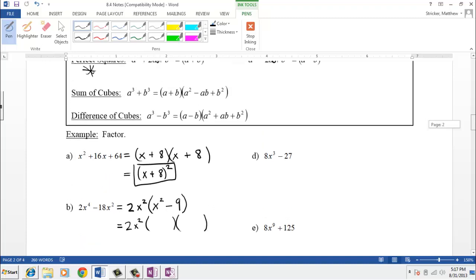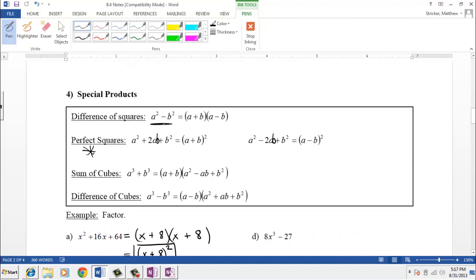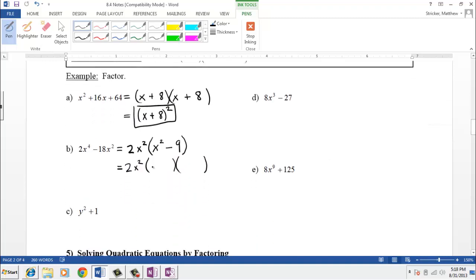And this is where we have x squared minus 9. That's a difference of squares. That's another special product. That's this first guy here. That's when we have something squared minus something squared. And if we have that, it factors to the first thing plus the second times the first minus the second. So in this case, it's going to be x and x and a positive 3 and a negative 3.